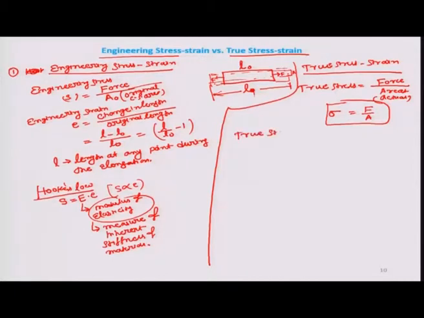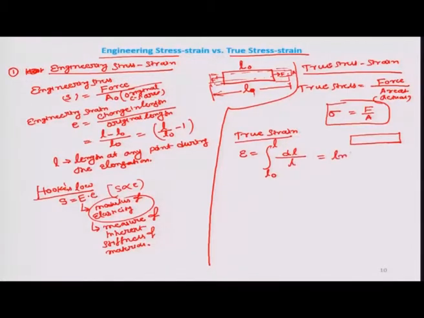and true strain is equal to, since deformation elongation takes place continuously on applying load, we can write using the same thing, change in length divided by original length. Suppose initially the length was L naught and the final length is L at a particular load, and the change in length is dl.